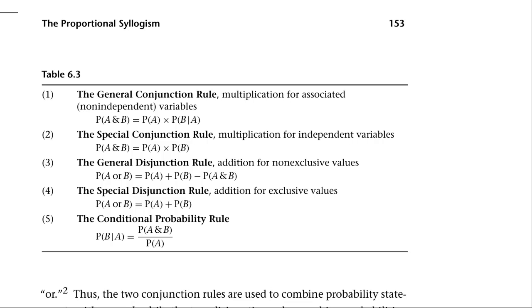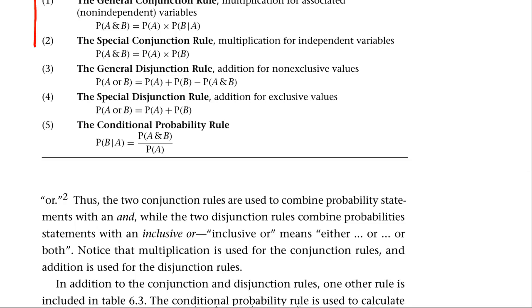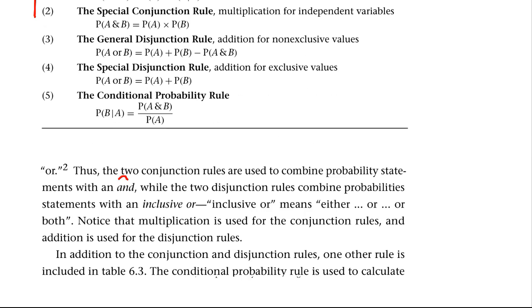So if you're looking at these rules on page 153, and again, you should do the reading, read all of section 6.2, and also use the exercises that are at the end of the chapter. But just to get you going, you'll notice if you're looking at the rules that the first two are conjunction rules, and a conjunction, you may know, is usually represented with "and."